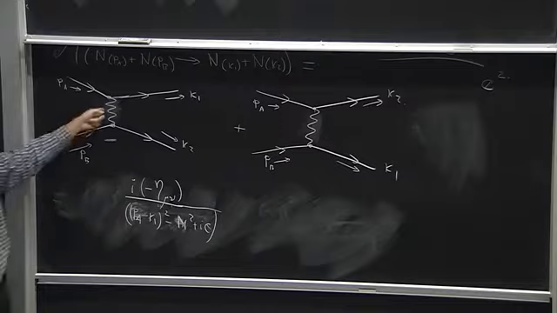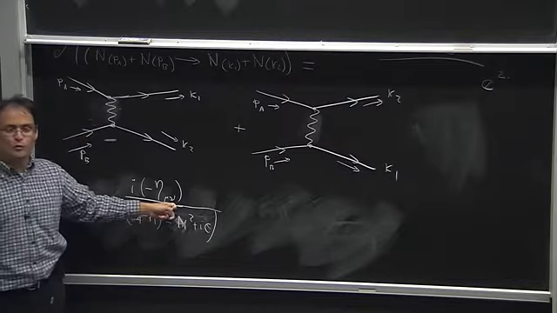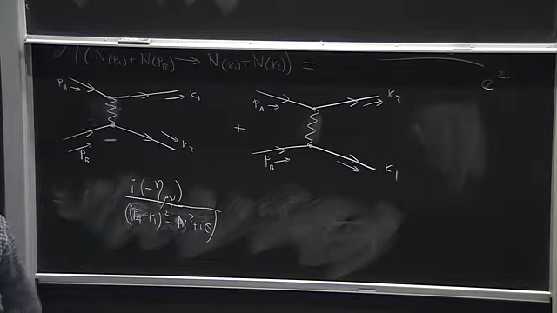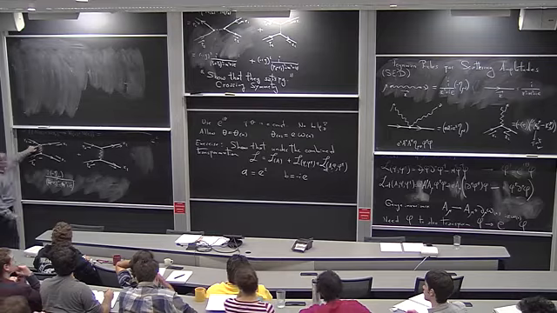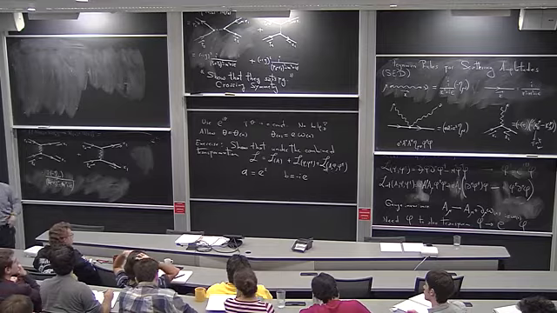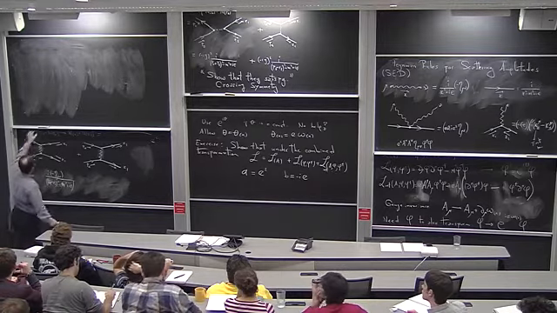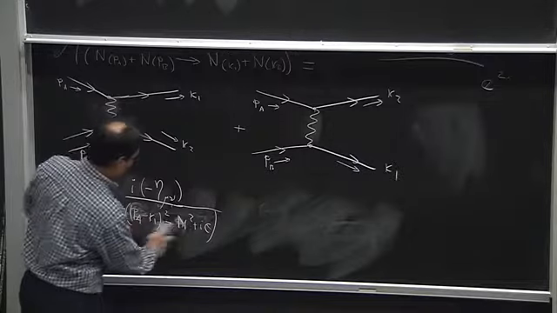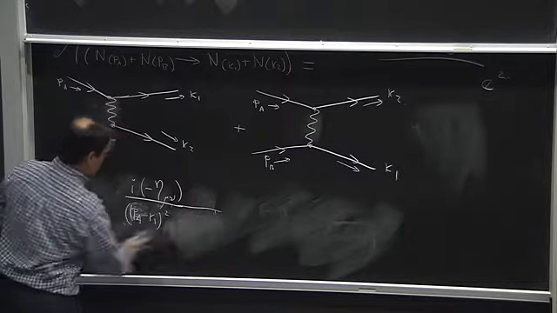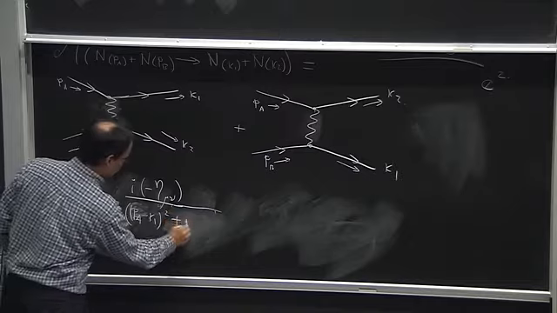Okay? That's the propagator. But that looks terrible. We have two free indices. Is that terrible? Well, no, it's not that terrible because these vertices also have indices. This is our photon, right?